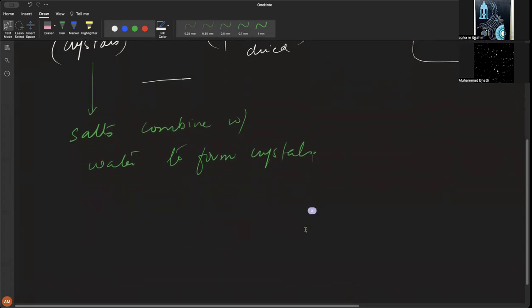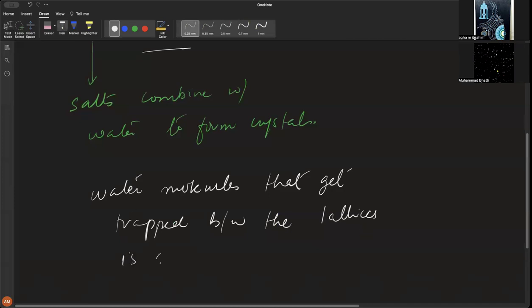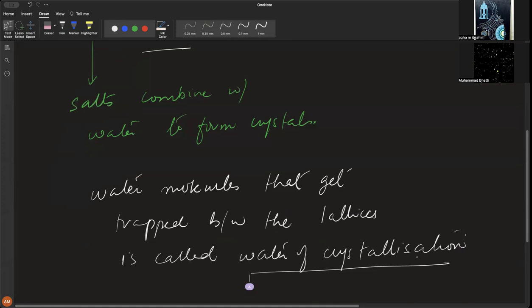And these water molecules that get trapped between the lattices are called water of crystallization. Water of crystallization, very important to keep that in mind.